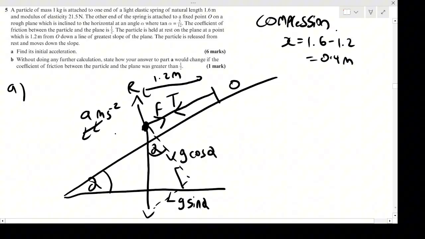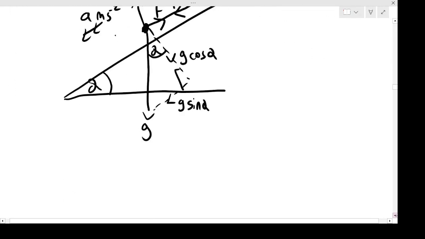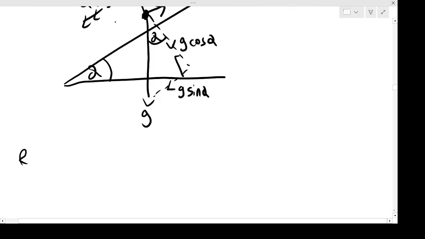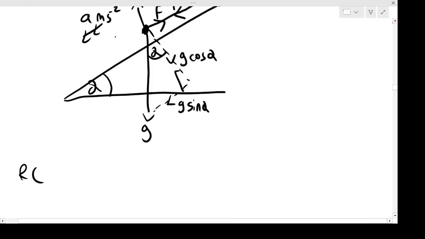So that's all the forces labelled. Now we can proceed by using some equations. Firstly, I'm going to have to resolve in both directions. Let's firstly resolve perpendicular like this.